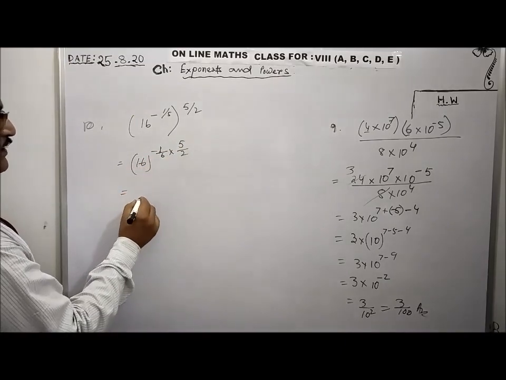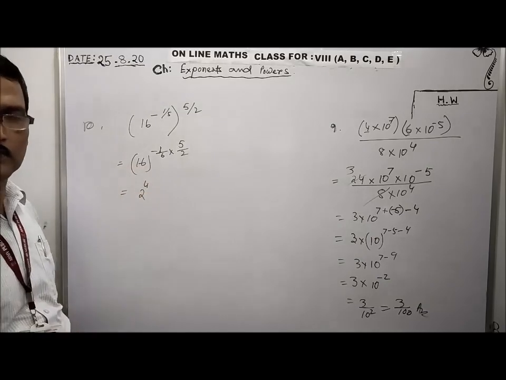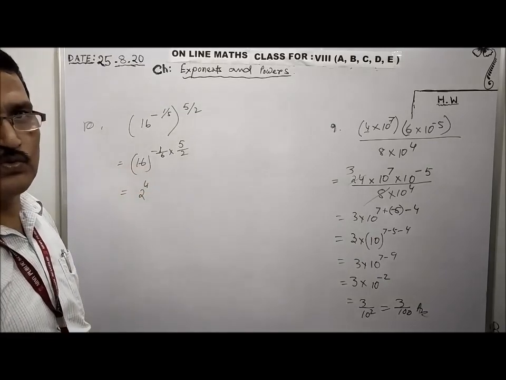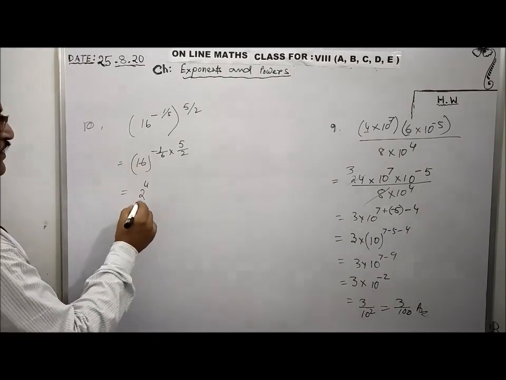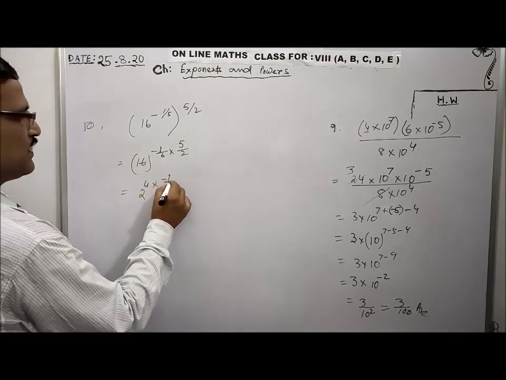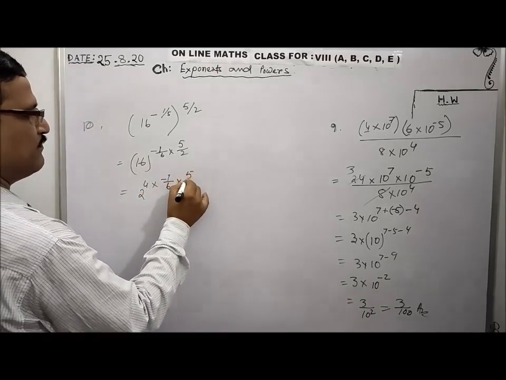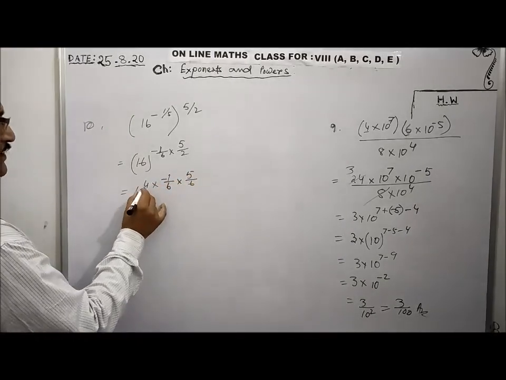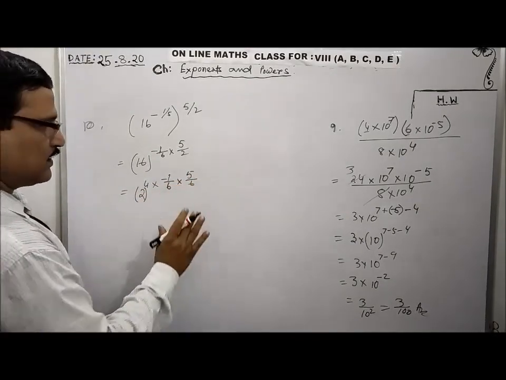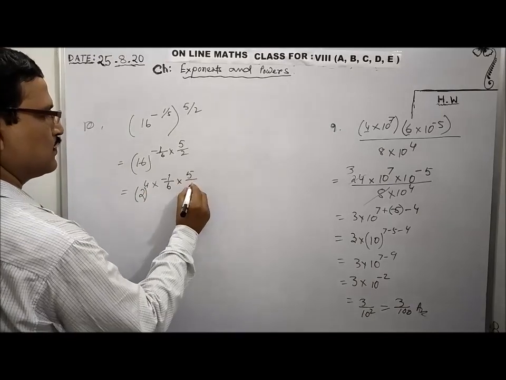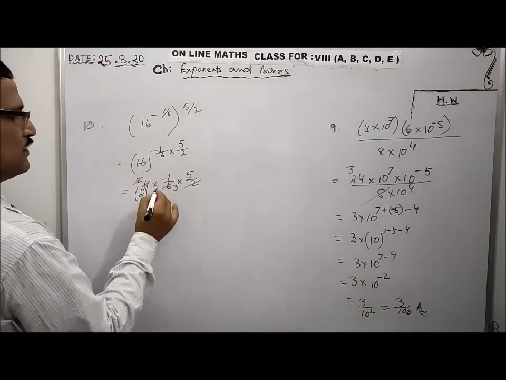16 can be written as what? 2 raised to 4. Is it? 2 raised to 4: 2, 2, 2, 2. If you multiply 2 four times continuously, you will get 16. Multiplied by minus 1 by 6, multiplied by 5 by 2. It is a base and all will be power. Now try to cut it. Sorry, this will be 2. So cut 2. Cut 3.